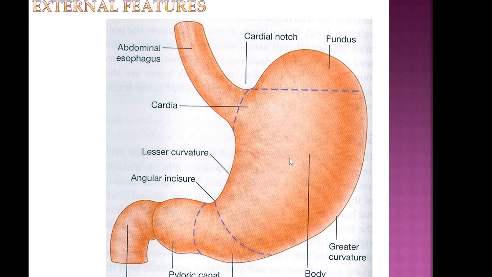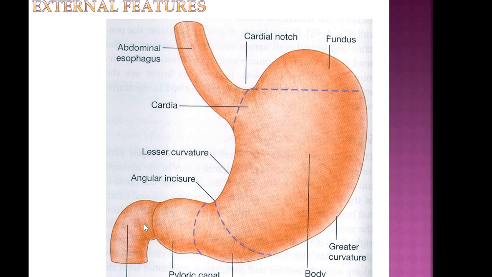Then it has two surfaces, the antero-superior and postero-inferior surface. The cardiac end of the stomach is situated at the 7th costal cartilage, and there is evidence of a physiological sphincter. There is no evidence of an anatomical sphincter, but at the pyloric end of the stomach there is thickening of the circular coat of smooth muscle which forms a sphincter, the pyloric sphincter.